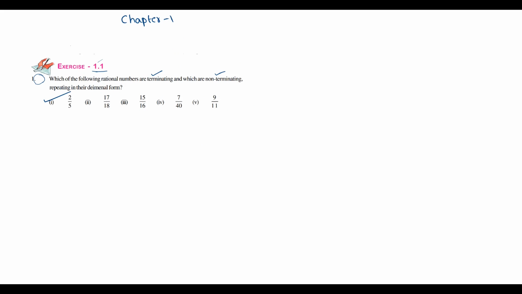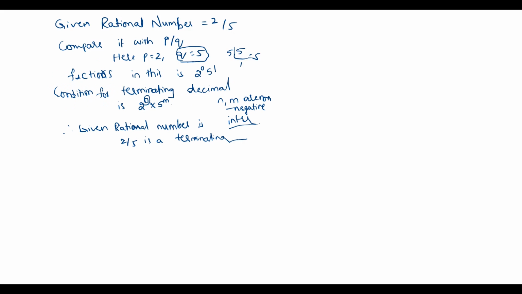Next, the second one is 17 by 18. Here q is 18, and the condition q not equal to 0 is satisfied. Then we need to find the factors of 18.